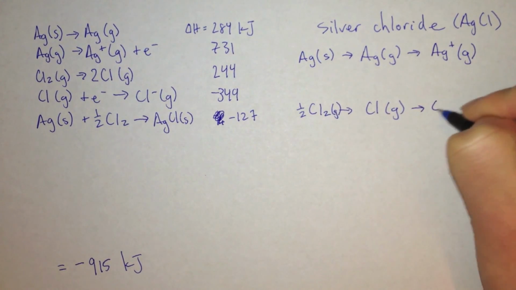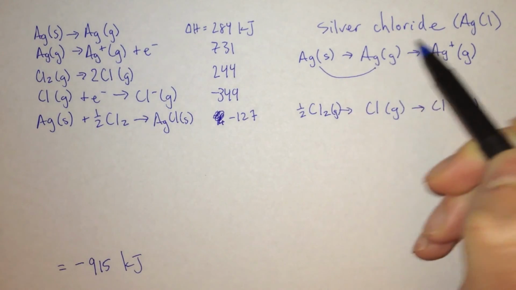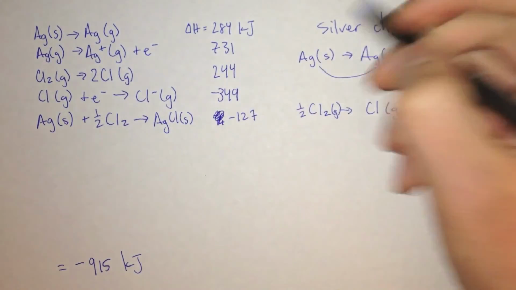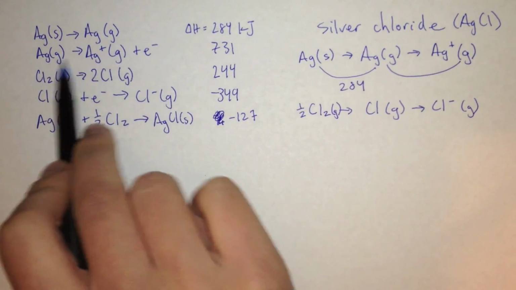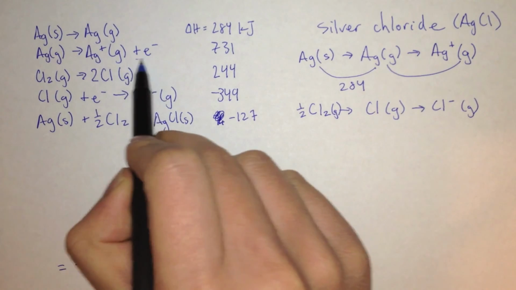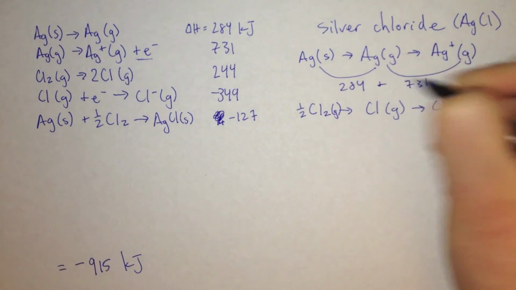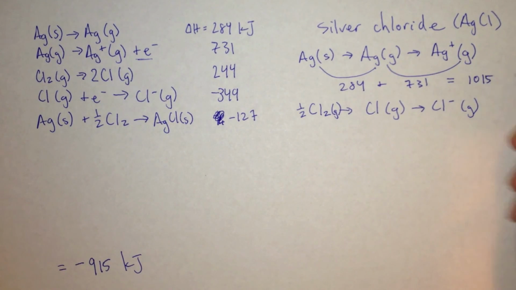And we give it an electron. So let's take a look. From here to here, when we're evaporating the silver, that's 284 kilojoules. And from here to here, when we're taking away its electron, so we end up with an electron, that's 731. And the sum of those is 1015 kilojoules.